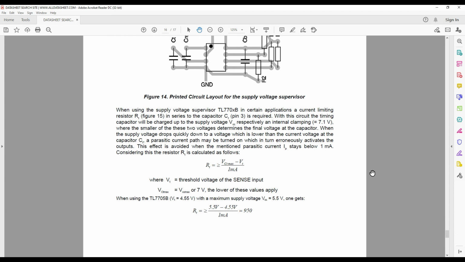When the supply voltage drops quickly down to a voltage which is lower than the current voltage at the capacitor, a parasitic current may be turned on, which in turn erroneously activates the outputs. This effect is avoided when the mentioned parasitic current stays below 1 milliamp. Considering this, the resistor is calculated as follows.